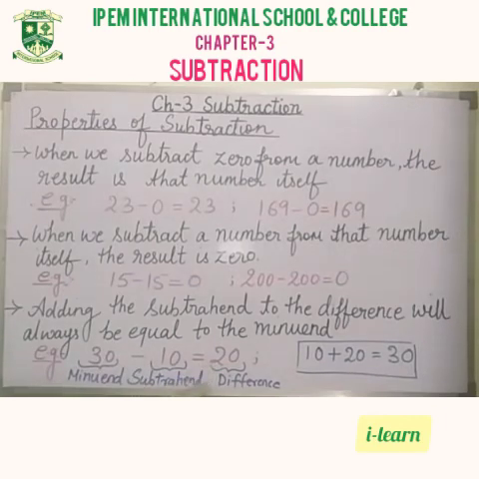According to this property, when we add the subtrahend, 10, to the difference, 20, we get the minuend, 30. Hence this last property of subtraction helps us in cross-checking the subtraction sums.